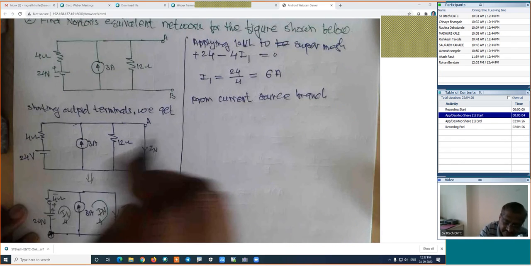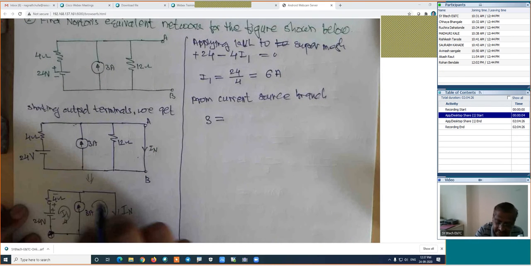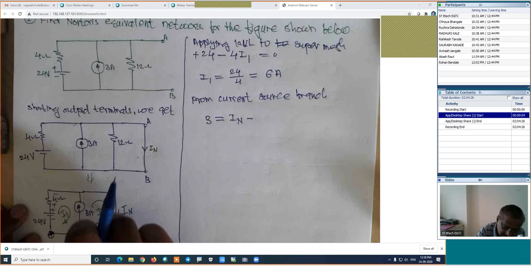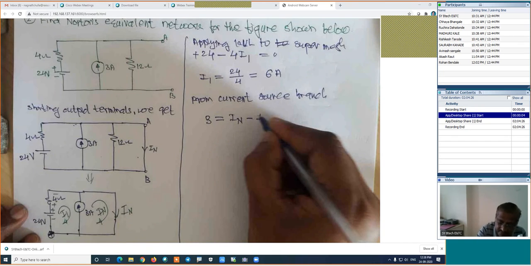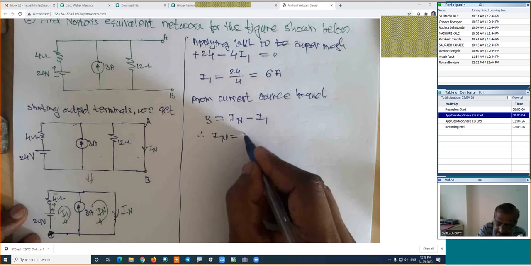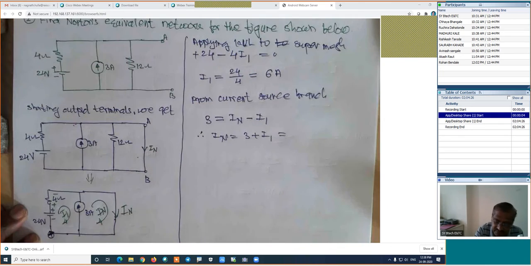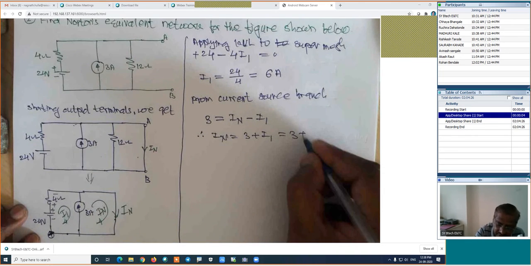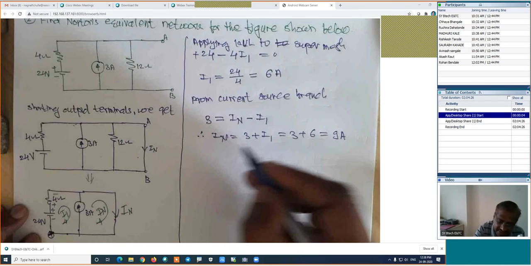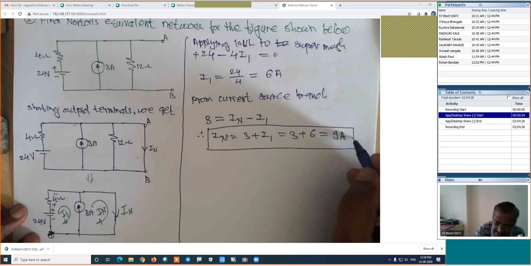This is upward, 3 amperes is equal to the upward current. This IN is upward, that's why IN minus this is downward. This is upward, this is downward, I1. Therefore, IN is equal to 3 plus I1, where 3 is the constant. I1 we have already calculated, which is 6. That is equal to 9 amperes, which is IN.